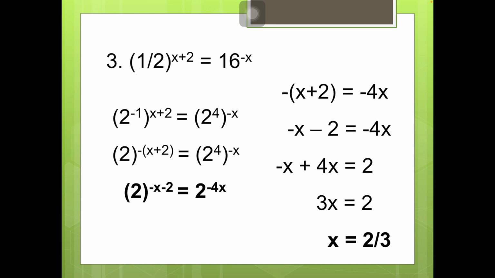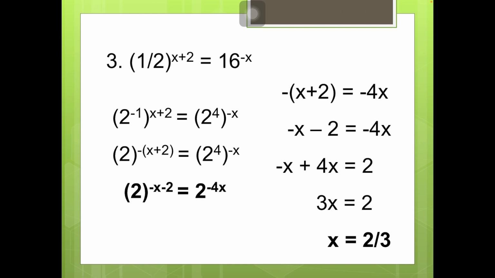Example 3: 1/2 raised to x plus 2 is equal to 16 raised to negative x. So, to apply the law of exponents, the reciprocal of 1/2 is 2 over 1 raised to negative 1, because 1/2 has an imaginary exponent, positive 1.